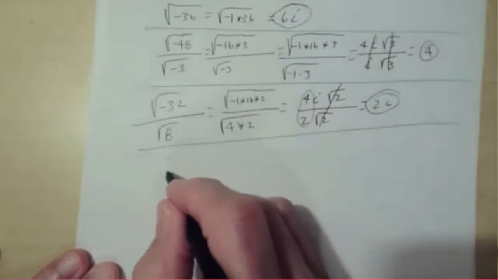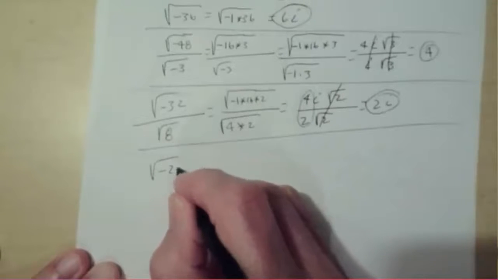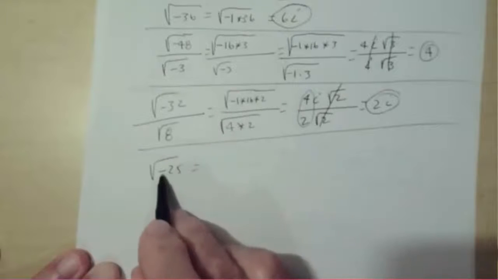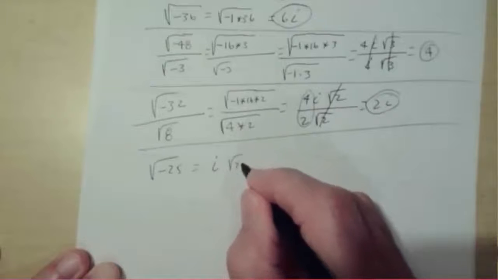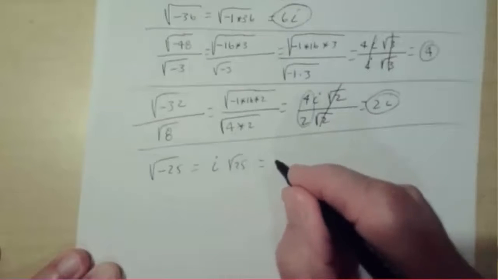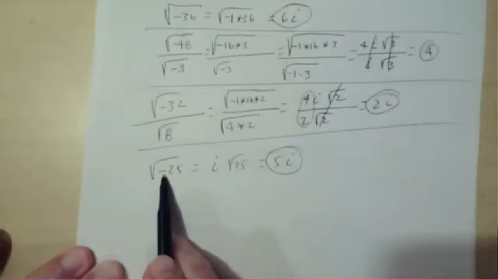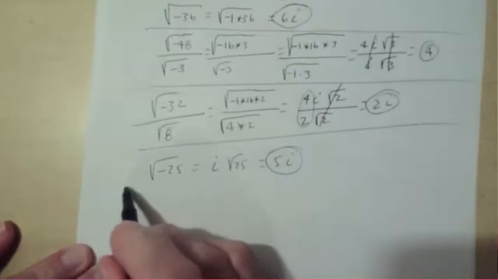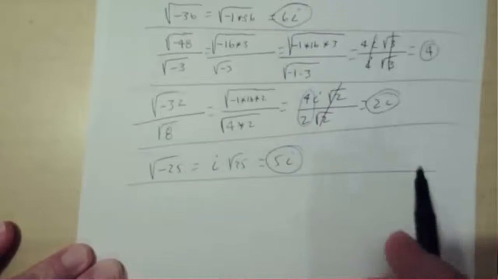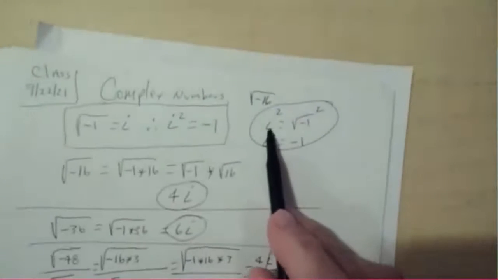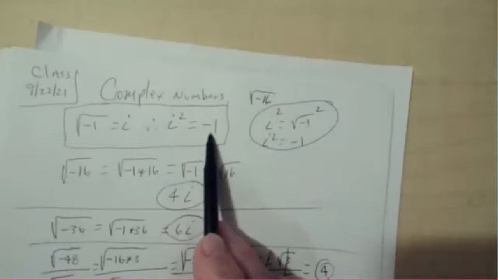For instance, if we had the square root of negative 25, the negative we can pull out an i, and square root of 25 is 5, so 5i. Okay, instead of doing all that negative 1 misery, you can just do that. Okay, now remember, i squared is negative 1.